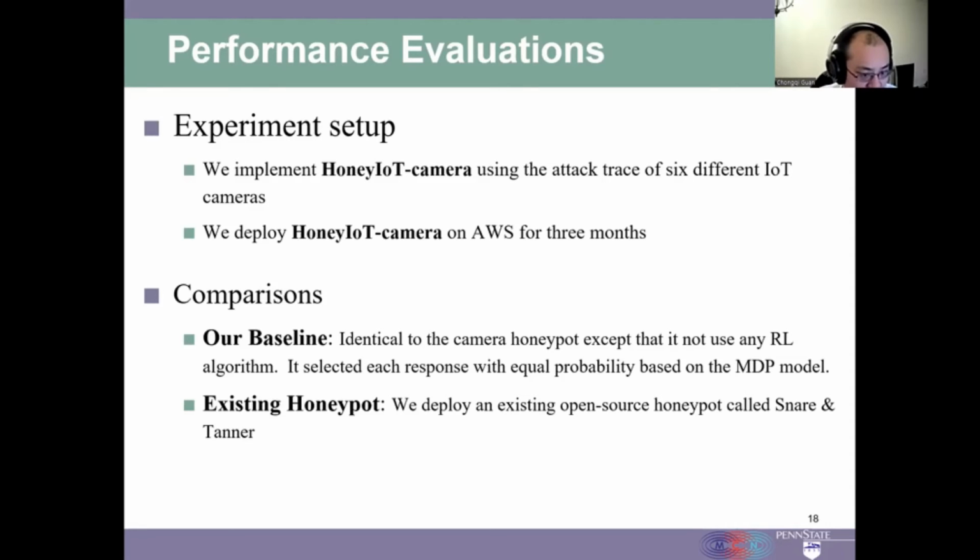Instead, we implement a simple heuristic algorithm that selects each valid response with equal probability based on the attack graph. We also deployed the existing honeypot Snare/Tanner, which is a general HTTP honeypot that can effectively mimic the web service of IoT devices after careful configuration.